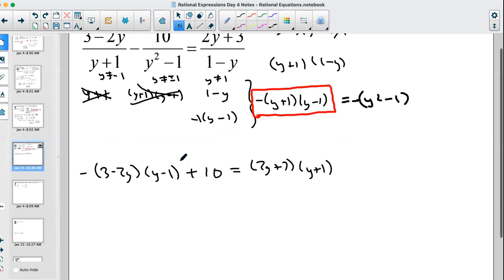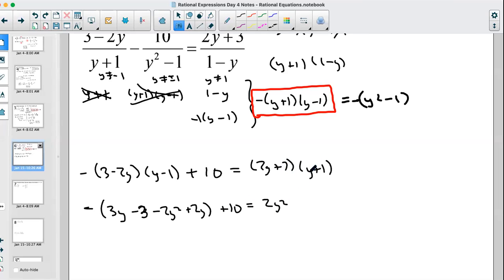So let's just multiply this stuff out. So negative 3y minus 3 minus 2y squared plus 2y, plus 10. This is 2y squared plus 5y plus 3.